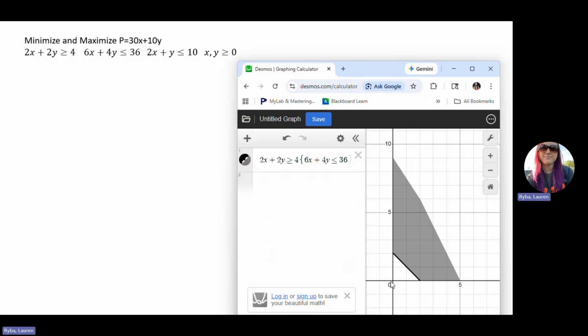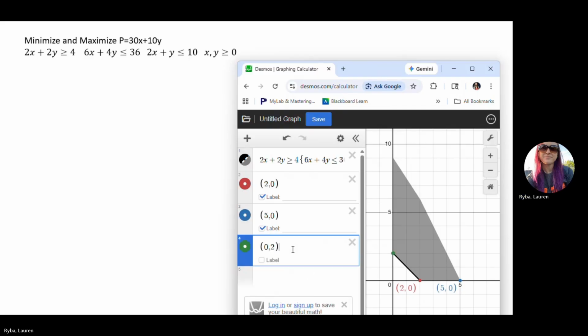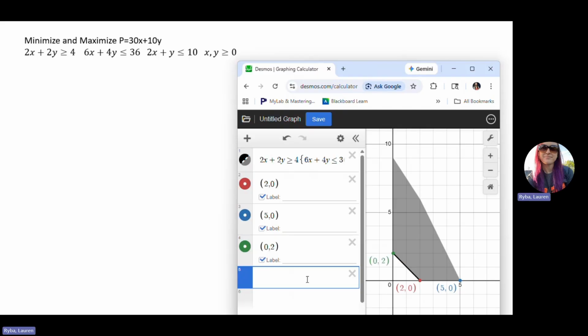Okay, so I can see I'm counting by ones. So this point here is 2, 0. I'll pop that on the graph. I then have a 5, 0. I'll label that one. Next one I have here is at 0, 2. Going up, I have 0, 9. I want to label.